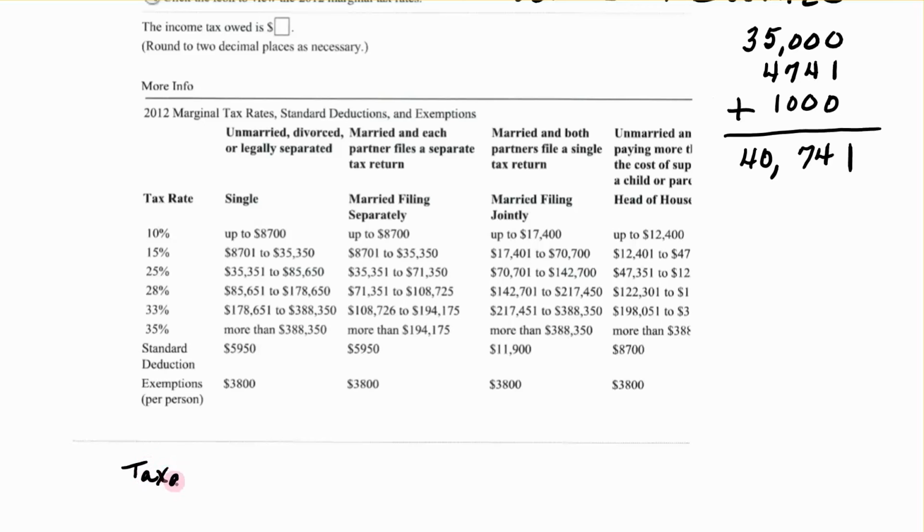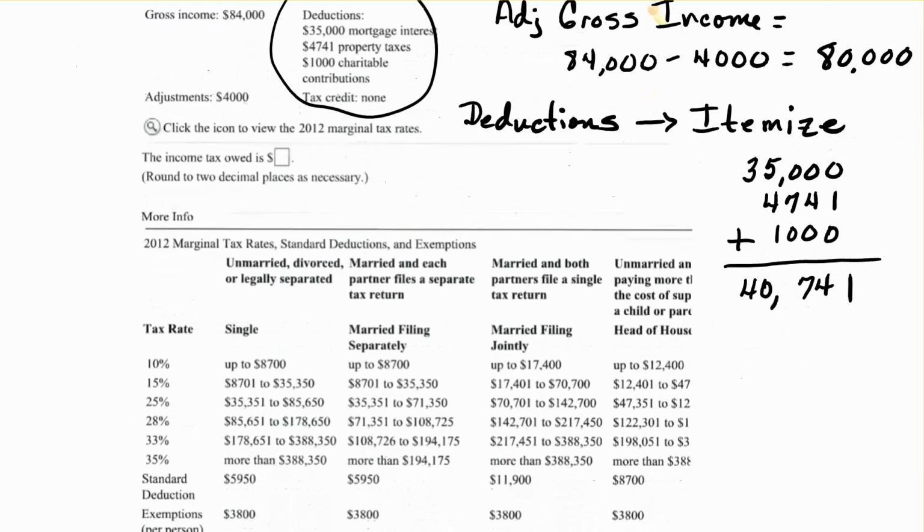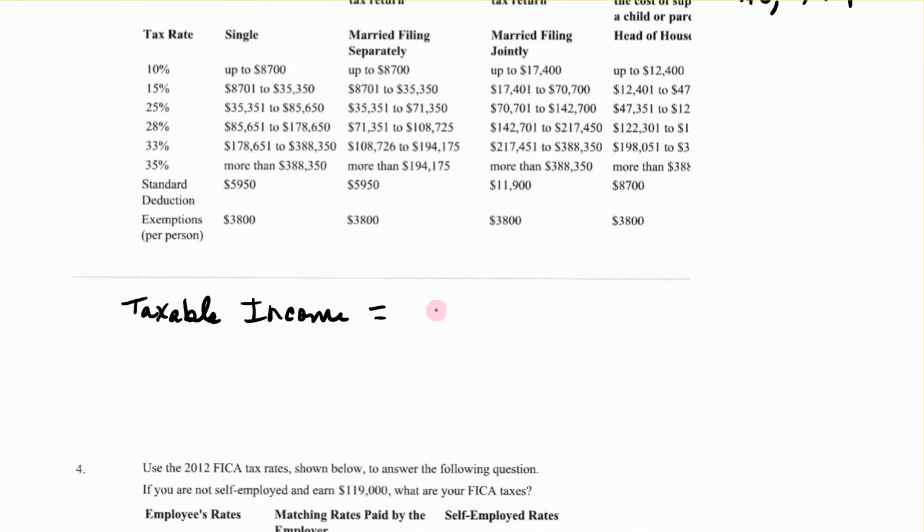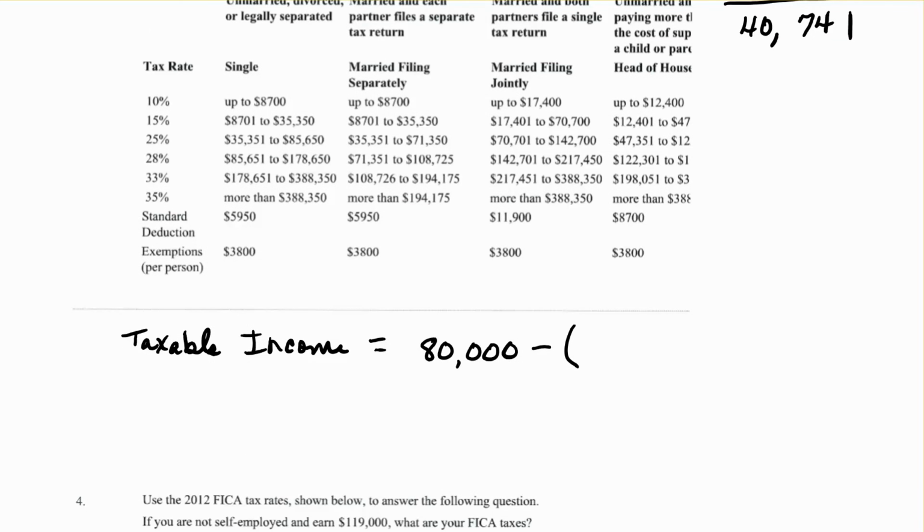Taxable income is your adjusted gross, which was 80,000, minus your exemptions and your deductions.